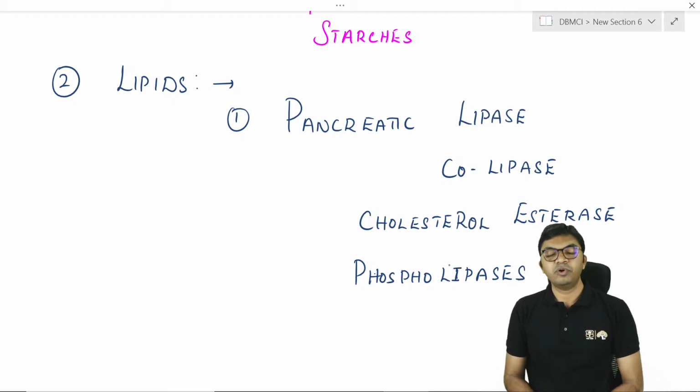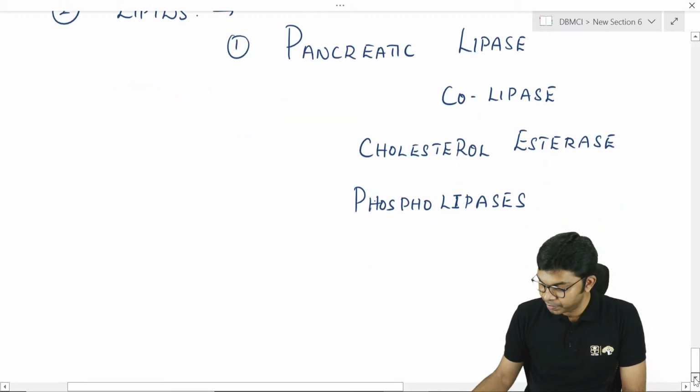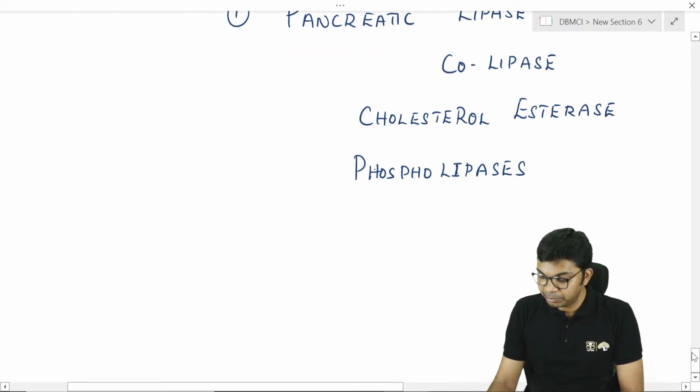These are the four enzymes secreted by the pancreatic exocrine part in order to break down lipids. That's enzymes for lipids, doctors.